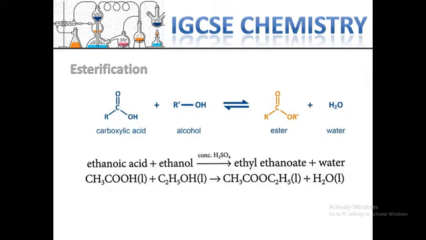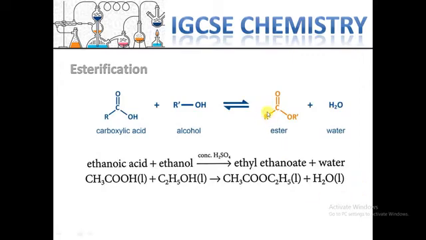Ester is very important, and we are actually involved with esters in many flavors or smells of flowers, or the flavors that we can use for cooking or baking sweets, many things. They all contain ester.